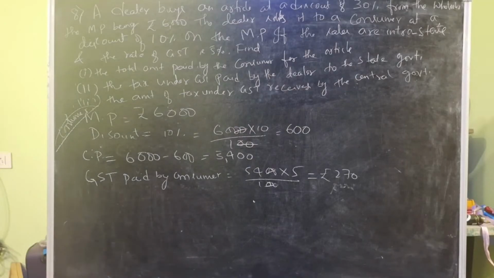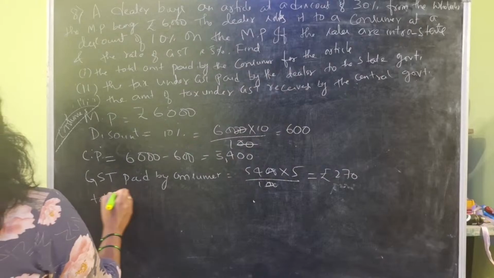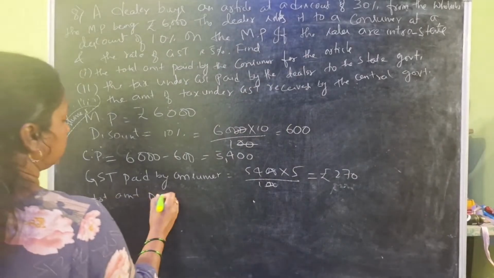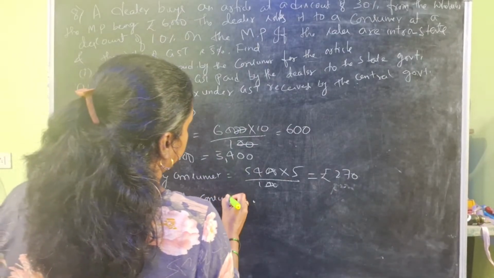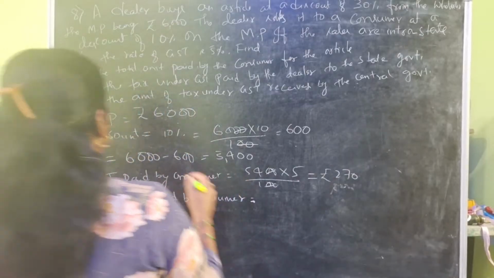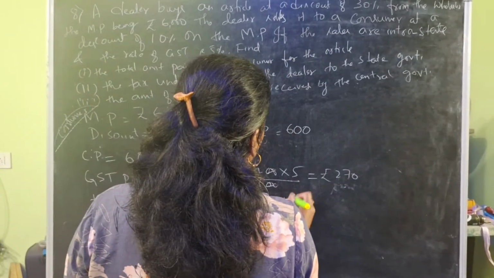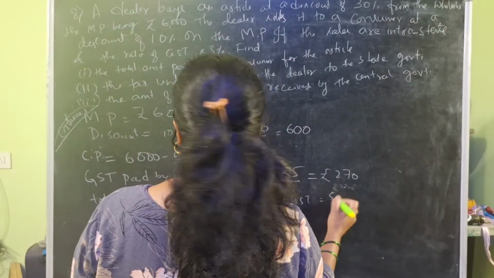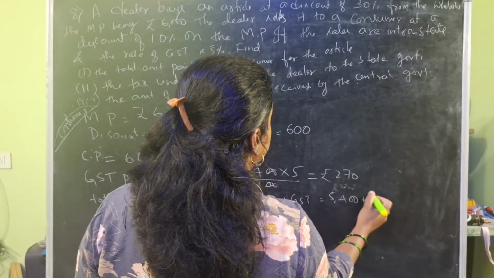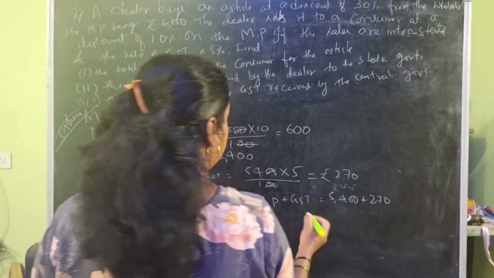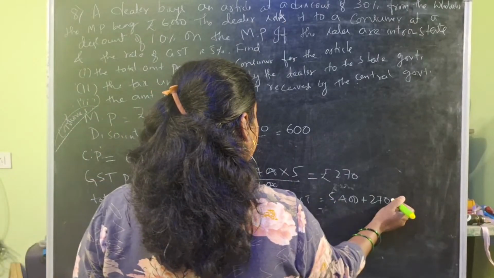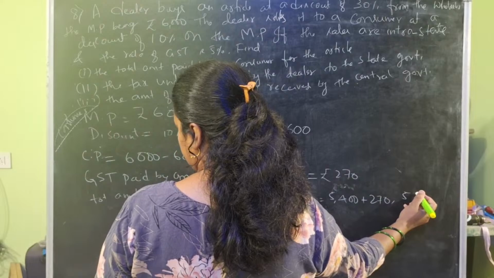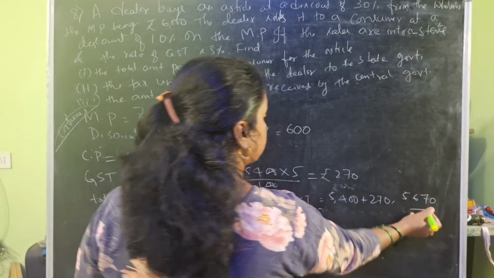So the total amount paid by the consumer is equal to cost price plus GST, which is equal to 5,400 plus rupees 270. That is 5,670.